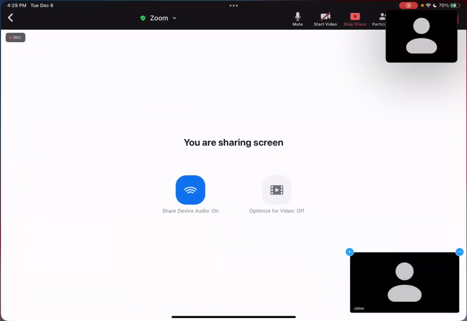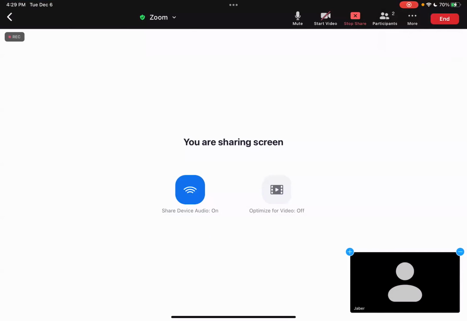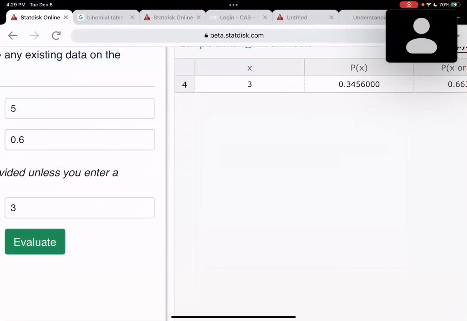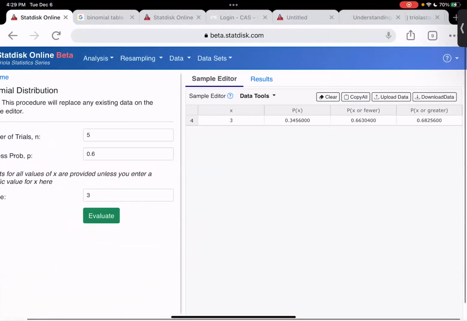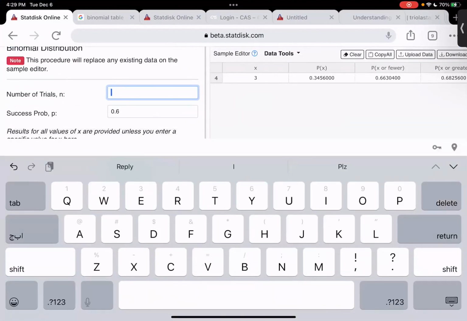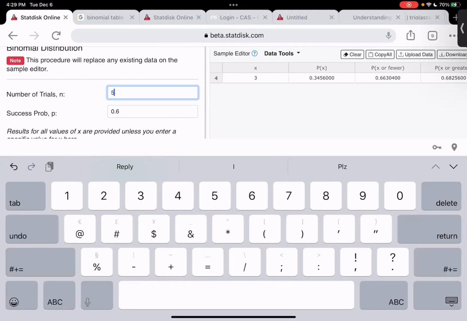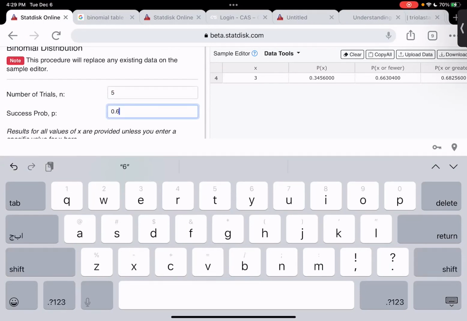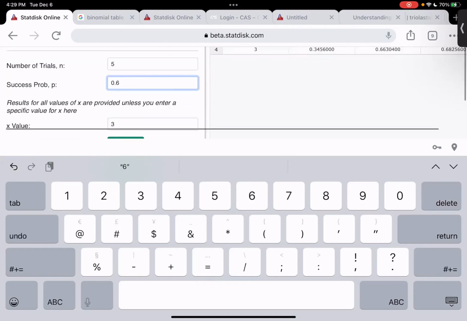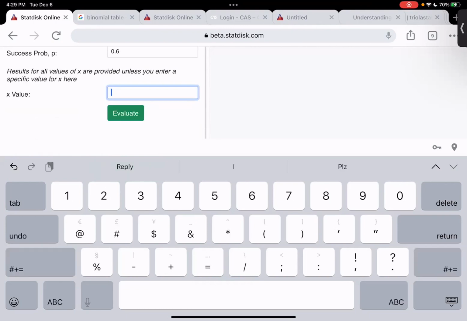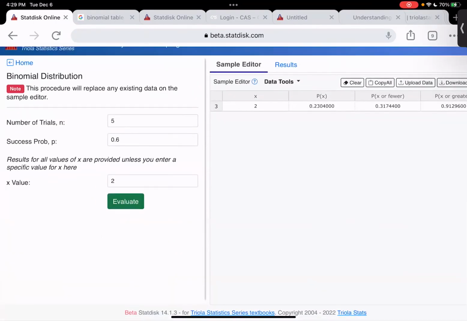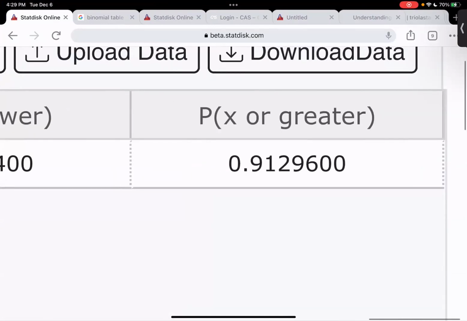But the easiest way to find this probability is to go to technology. Here, this one. The number of trials we have is 5, and the probability of success equals 0.6, and this value is equal to 2. This is the probability we are looking for, X greater than or equal to 2.